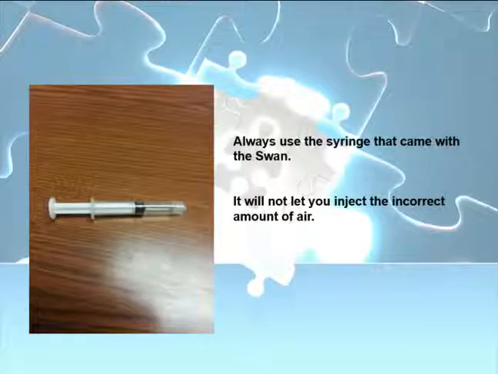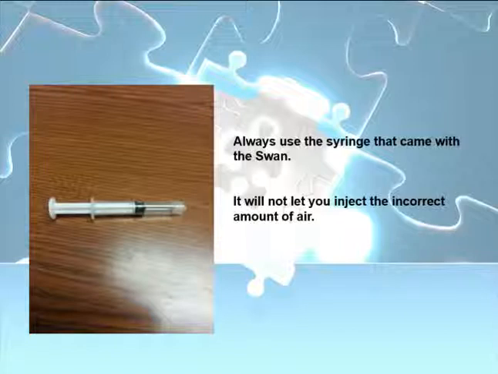The other thing is that the Swan should come with a syringe that only opens 1.5 milliliters. In this picture here, it's pulled back 1.5. It won't pull back 2, although it looks like it's big enough to do that, but it will not go past the correct amount of air.